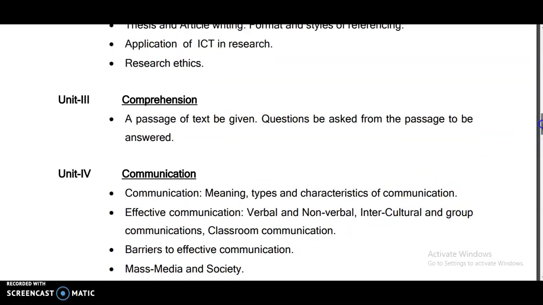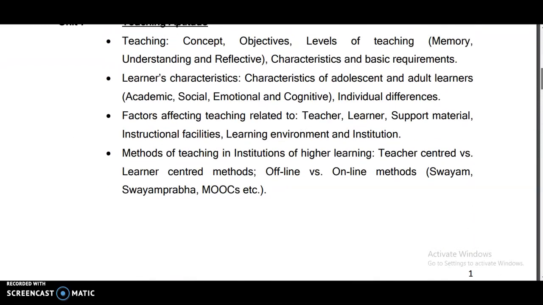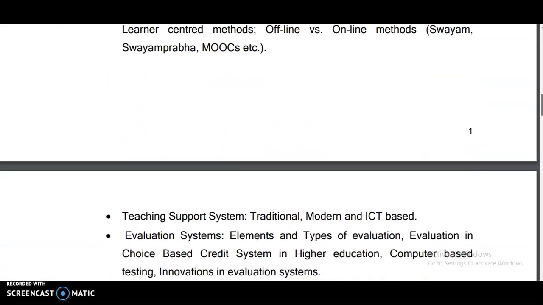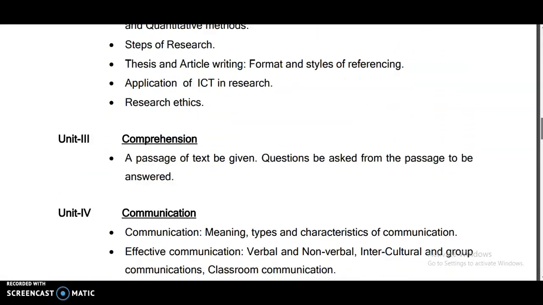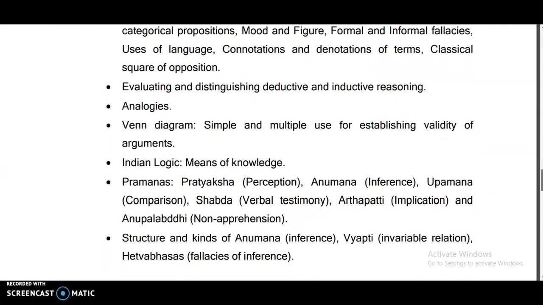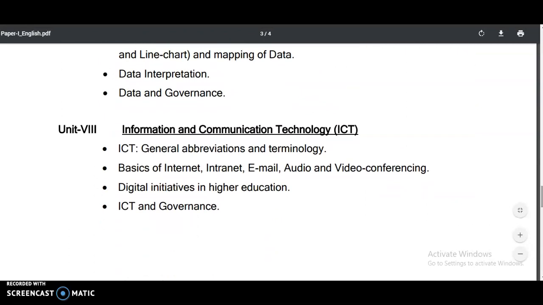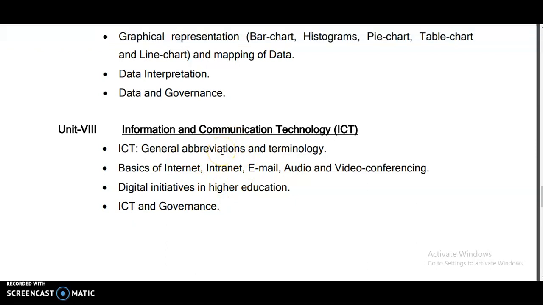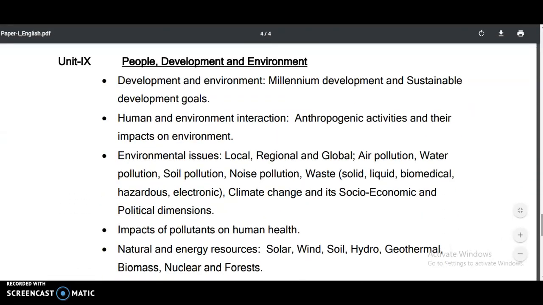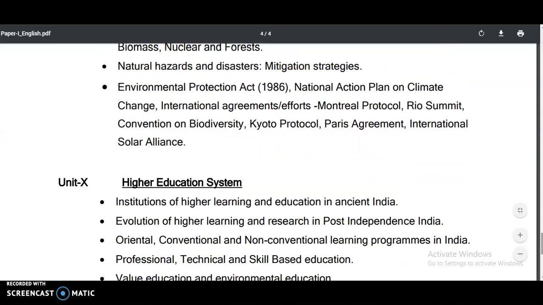And coming to the remaining 6 units, that means teaching aptitude, it's a very small unit and limited definitions will be there. And the next one is research aptitude, it's the same thing. And next one is communication, and the next one is information and communication technology. It is a very easy unit that anybody can answer with minimum understanding about computers and information technologies and all these things, and people development and environment and the higher education system.